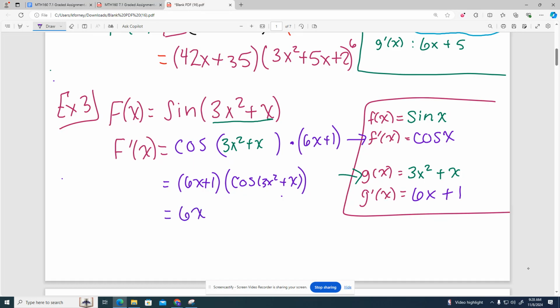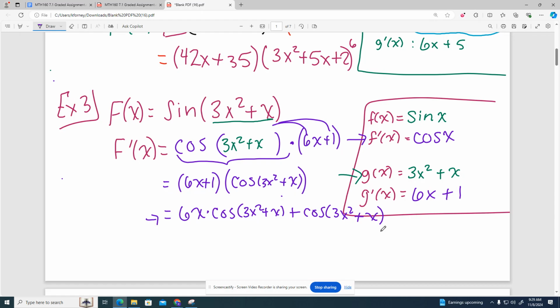You could write it 6x plus 1 times cosine of that. So I'm showing you different ways you could write that. All I did here was take this and distribute it, and that's how I got this last part. Just some different ways.